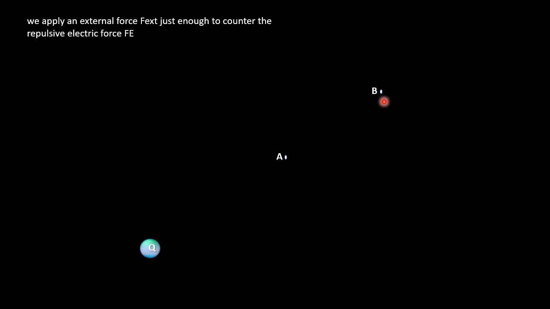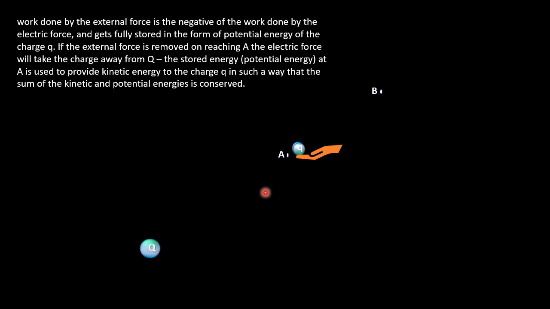To move the charge from B to A, we apply an external force F external just enough to counter the repulsive electric force Fe. Work done by the external force is in the opposite direction of the electric force, and it is fully stored in the form of potential energy of the charge.